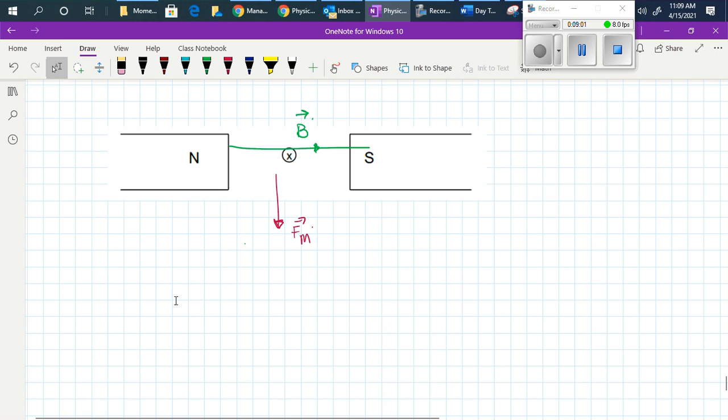However, you are free to use the right hand for positive and left hand for negative, or just the right hand or just the left hand. You have to keep in mind that when you are using just the left hand, you have to switch the direction for the positive charge. And if you are using the right hand, you have to switch the direction for the negative charge.